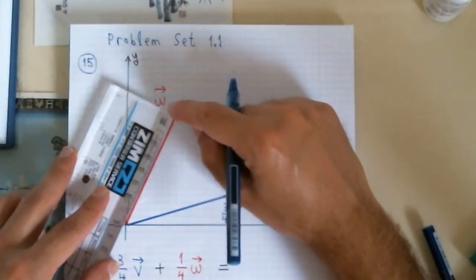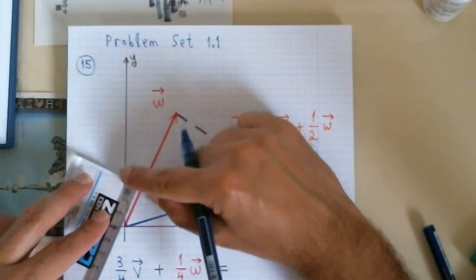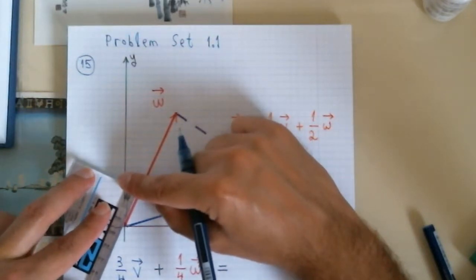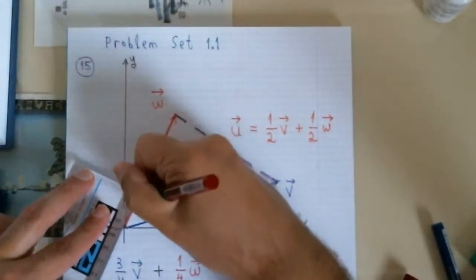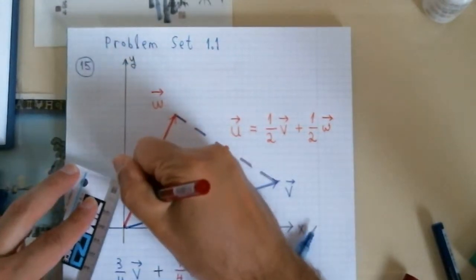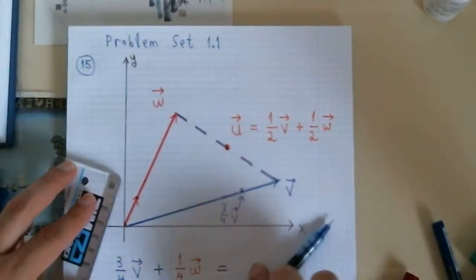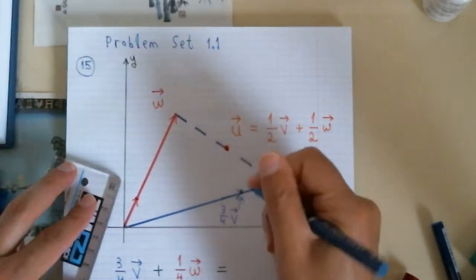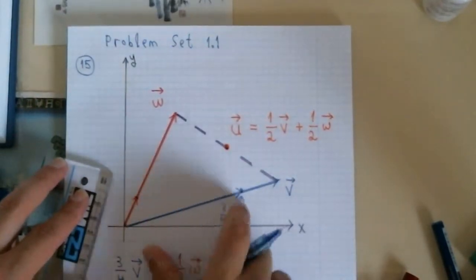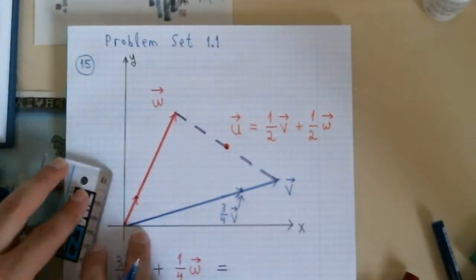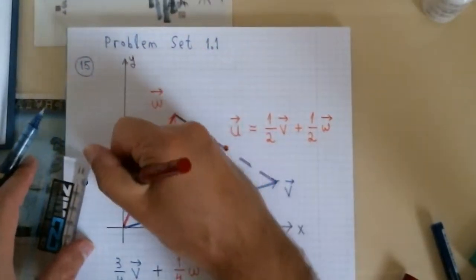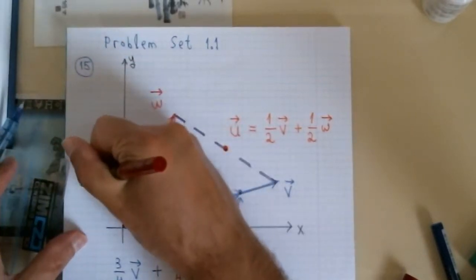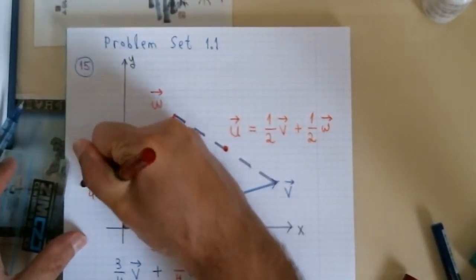Okay, so it is from here, something like this. Okay, so we want to connect this vector with this vector, to go along the blue 3/4, and add to it this quarter of W.